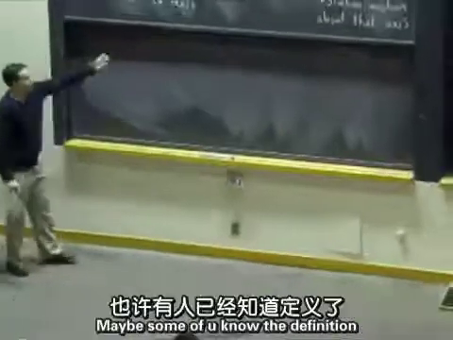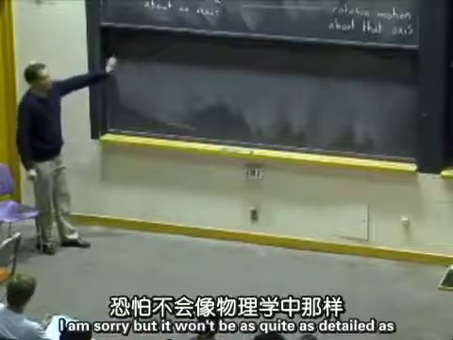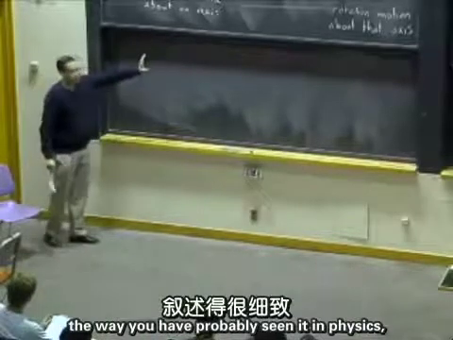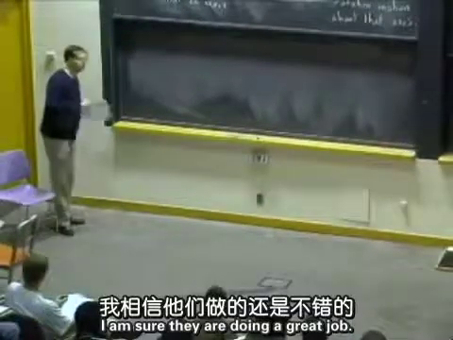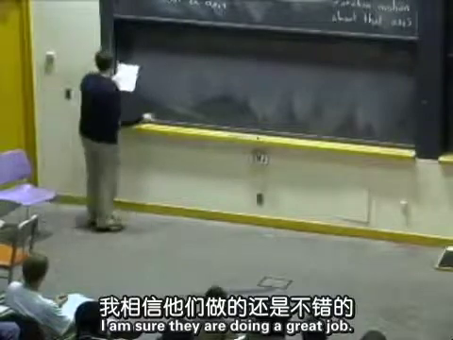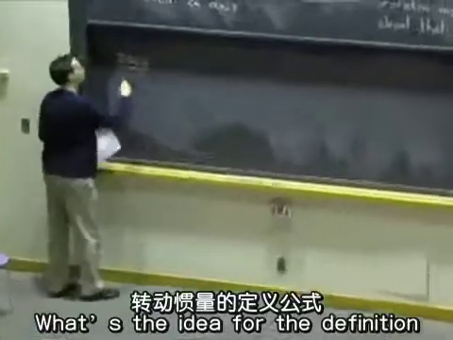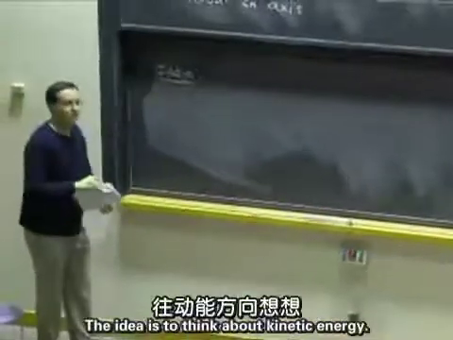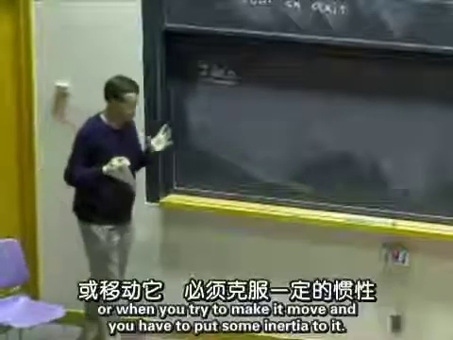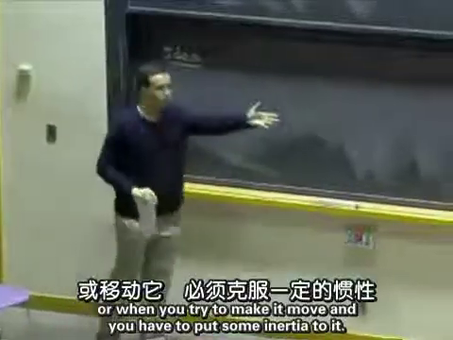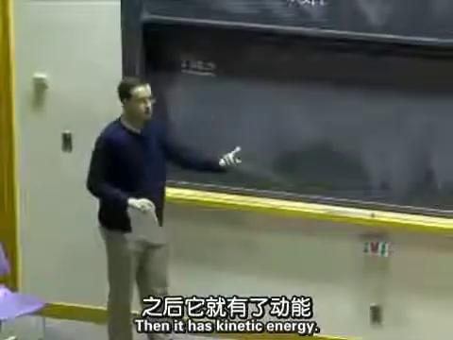So maybe some of you know the definition. If not, I'm going to try to derive it again. I'm sorry that it won't be quite as detailed as the way you've probably seen it in physics, but I'm not trying to replace your physics teachers. I'm sure they're doing a great job. So what's the idea to find a formula for moment of inertia? The idea is to think about kinetic energy. When you push something or make it move, you have to provide some energy to it, and then it has kinetic energy.